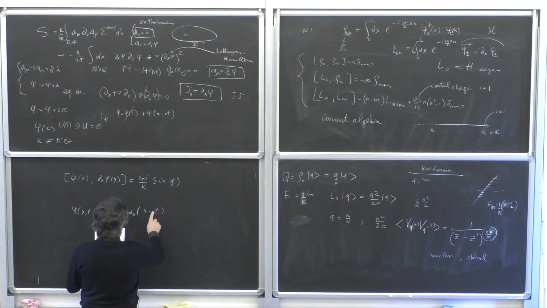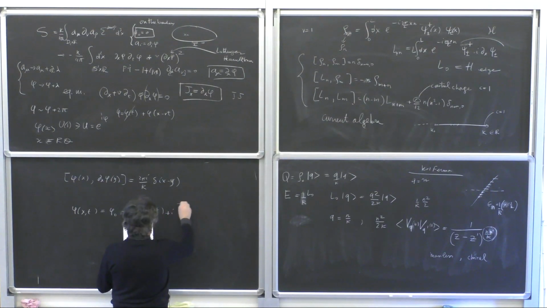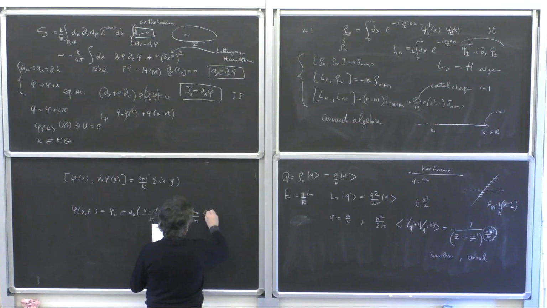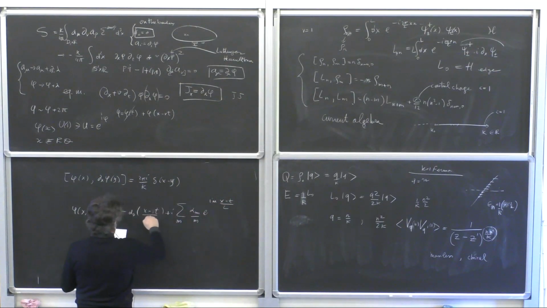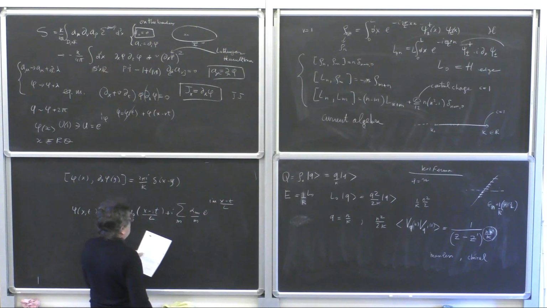So let me put v equal to 0, divided by L, plus i sum over m alpha m e to the pi m x minus t over L. Okay, so these are waves.